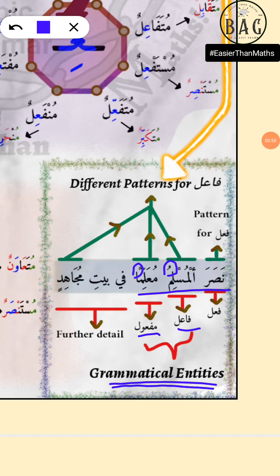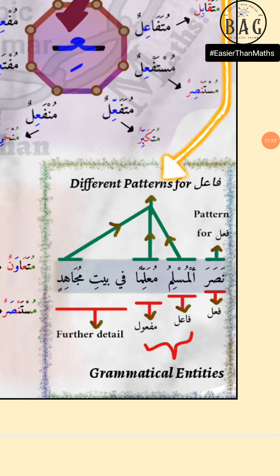Alright, now the pattern of muslimu is actually the pattern for ism fa'il. Okay, we'll be discussing it shortly. Muslimu is the pattern for ism fa'il. Alright, similarly mu'alliman is the pattern for ism fa'il. Okay, so we have the patterns and the grammatical entities.